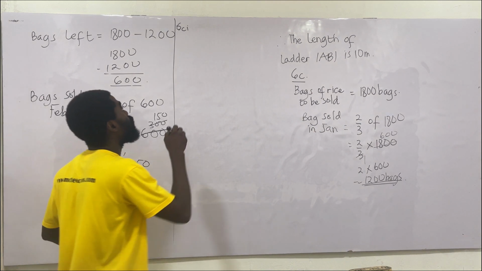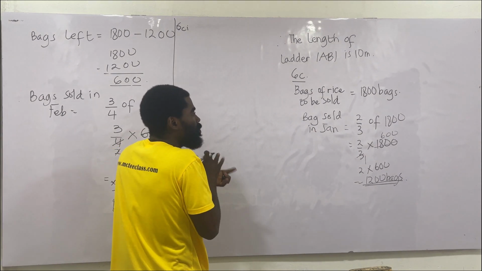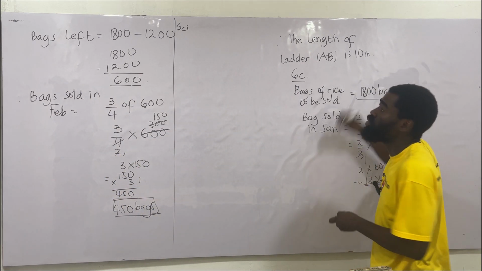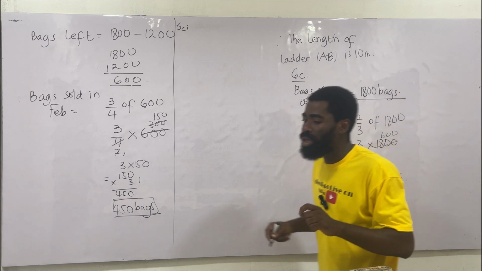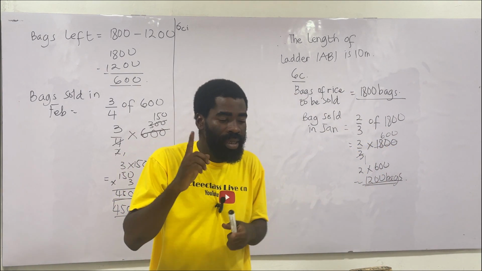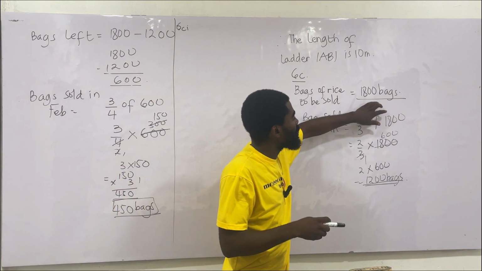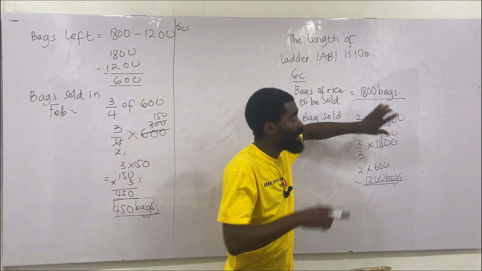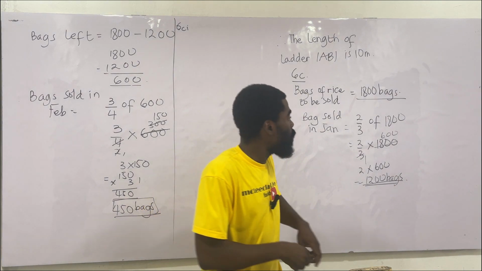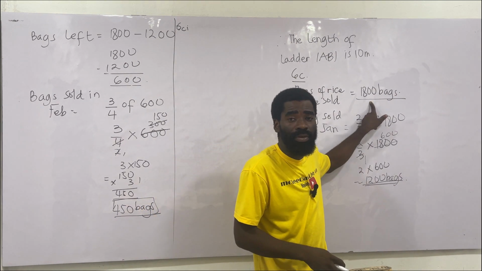But one thing I want you to know, when it comes to this kind of math, the principle once again: the total bags in terms of fraction is 1. We have that approach of making the work easier. Now listen, the total bags of rice that he has, because it's a total, is always equivalent to 1 in terms of fraction. If you are working in percentage, the total bags is always 100.